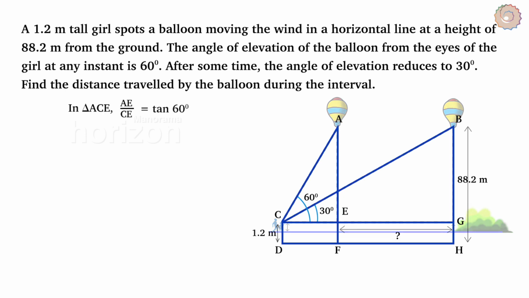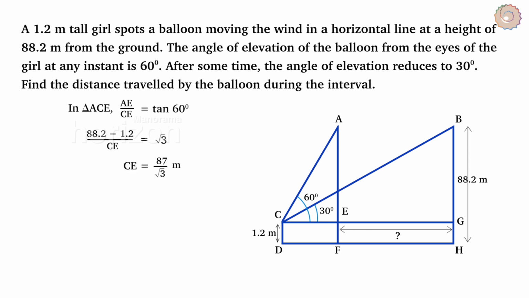In triangle ACE, AE by CE is tan 60 degree. That is 88.2 minus 1.2 divided by CE gives us root 3. Solving for CE, we get 87 divided by root 3 meter. Similarly, in triangle BCG, BG by CG is equal to tan 30 degree.